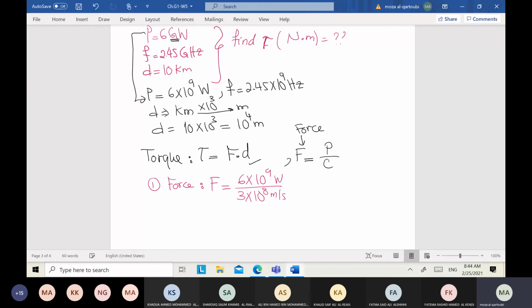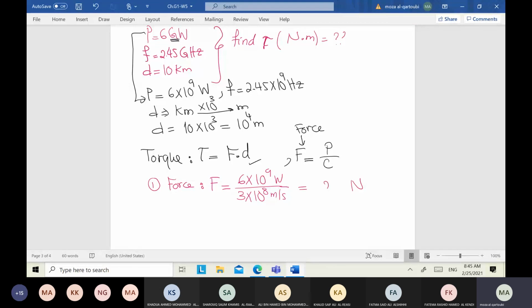The answer should be in Newton, since watt second per meter is Newton. So it is 20 Newton. This is step number 1.